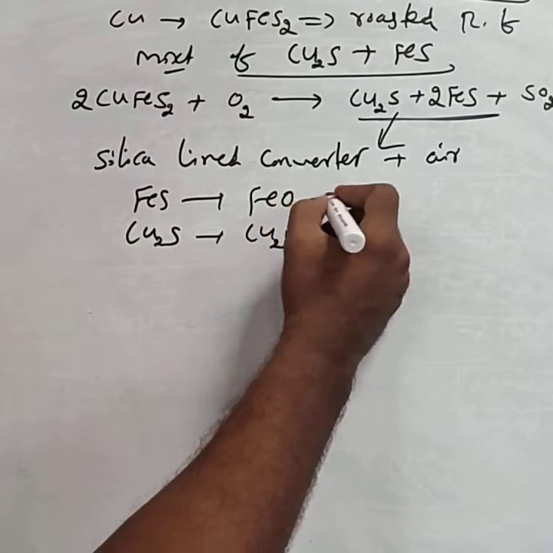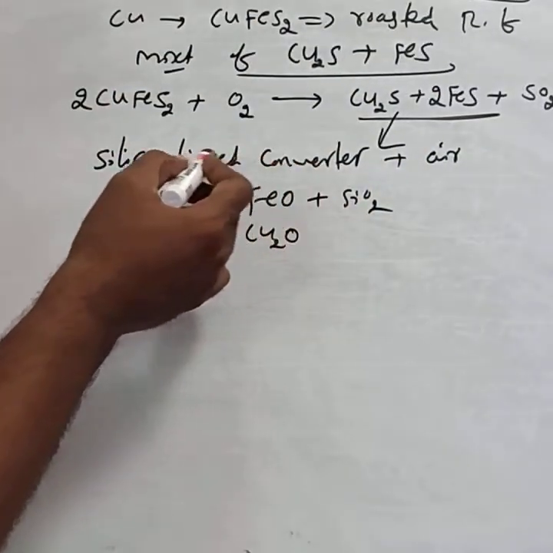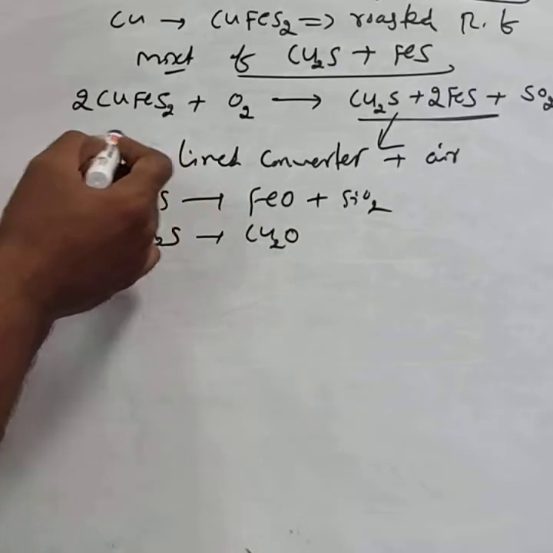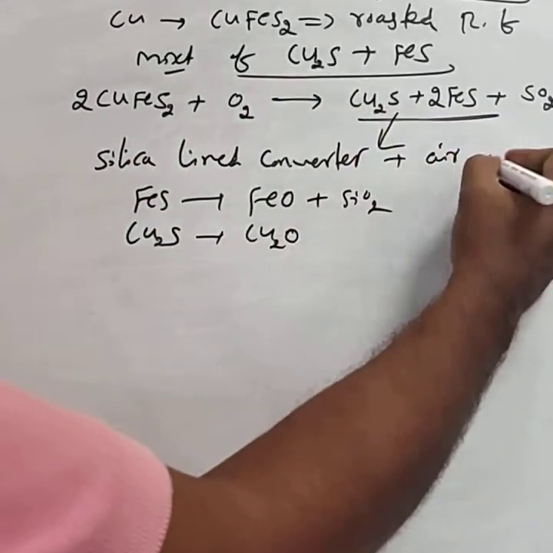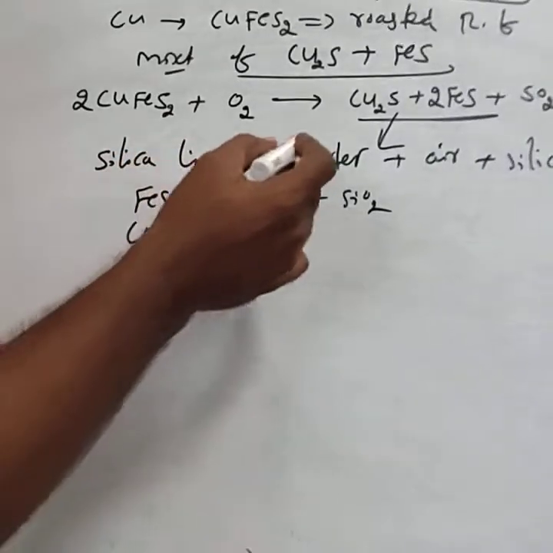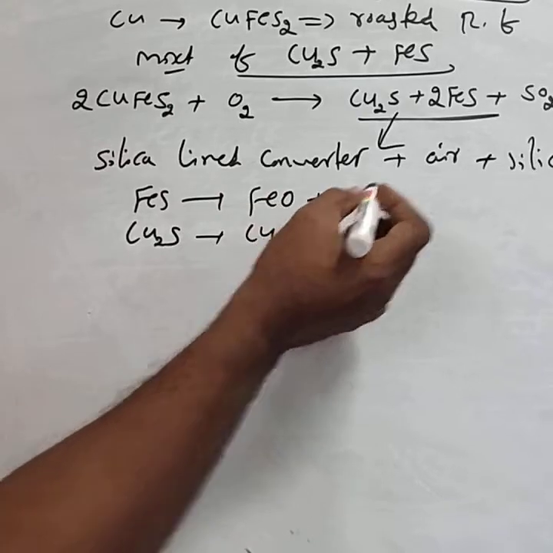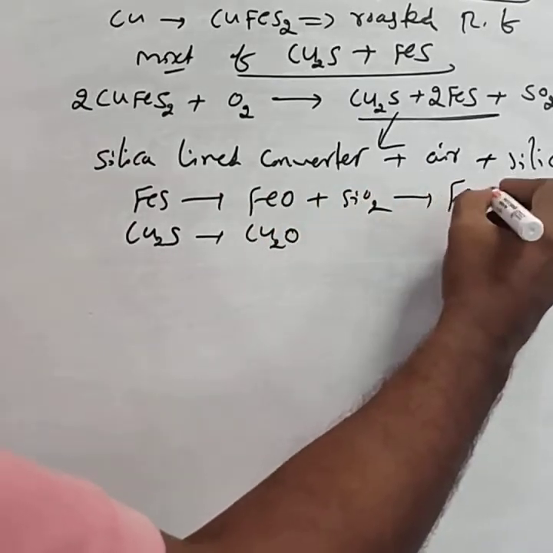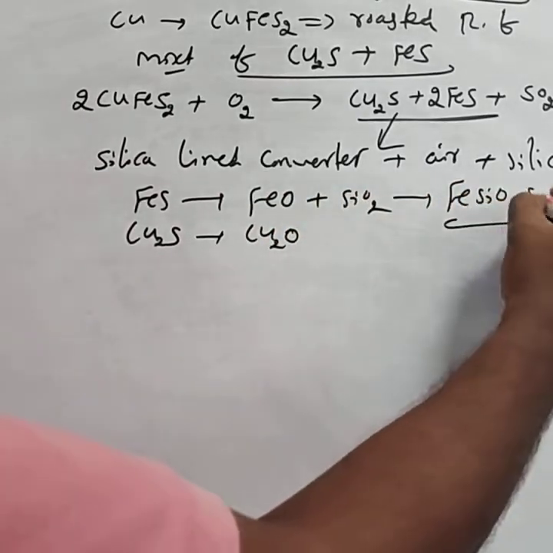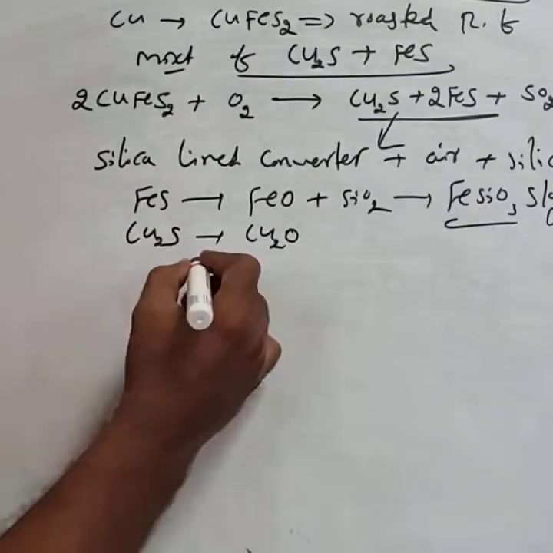The converter is coated with silica, and some silica is also added. The formed FeO combines with silica to form ferrous silicate slag.